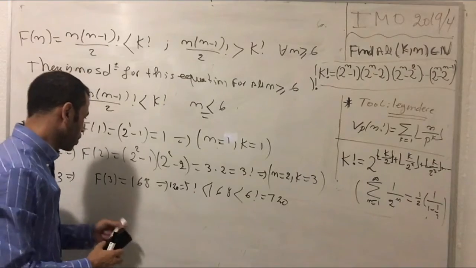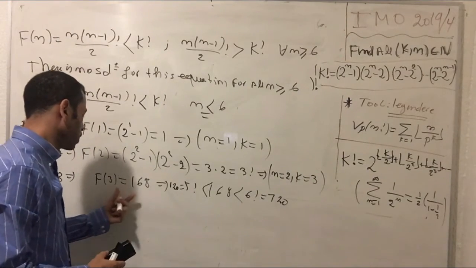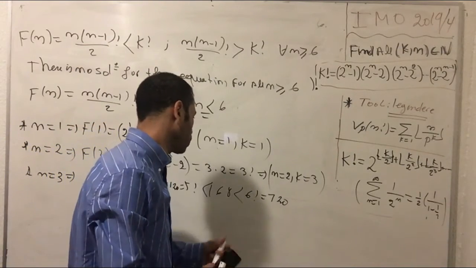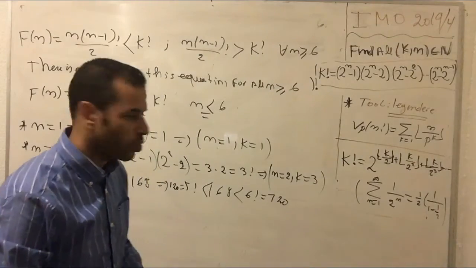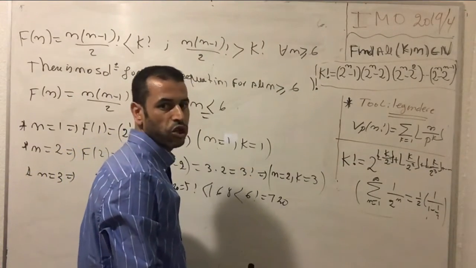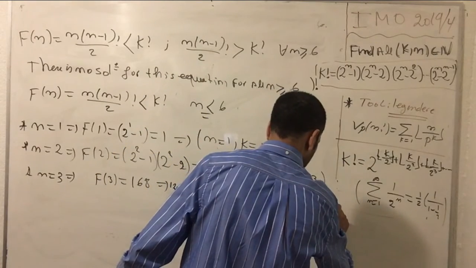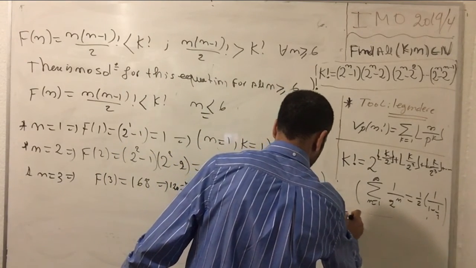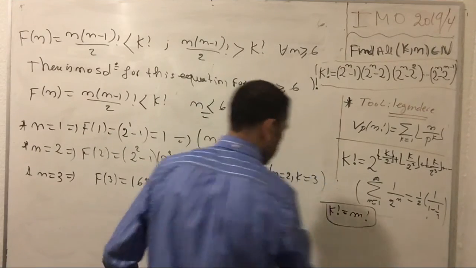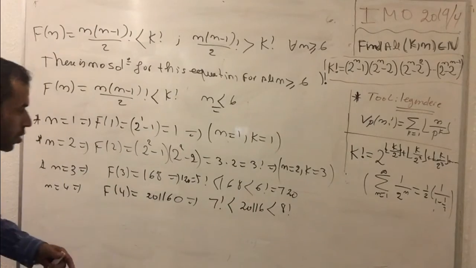The value of f of 3 is located between 5 factorial and 6 factorial, which is not a solution of this equation, because the solution has to be written in this form, like k factorial equal to m factorial, the same form.